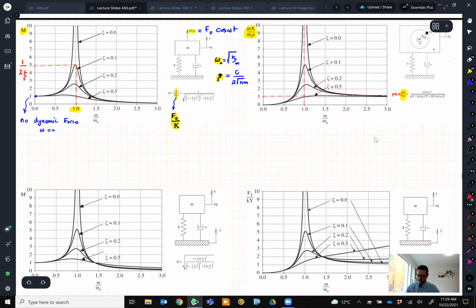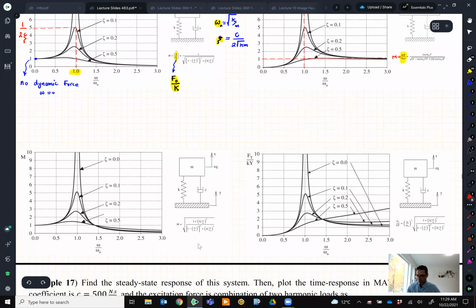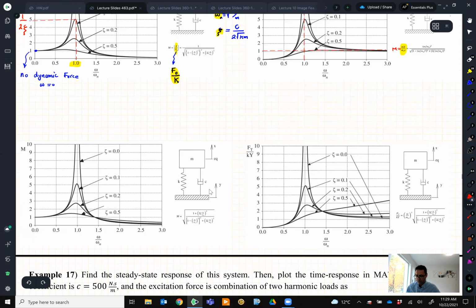The next scenario was for a base motion at the bottom. The base motion has 2 things that you need to remember. One is when I'm interested in the magnification factor for X, I'm interested to know how much X is moving. What is the magnitude of vibration for X?